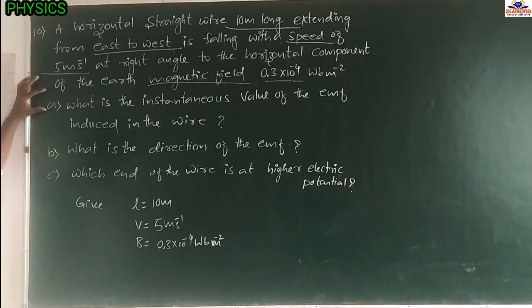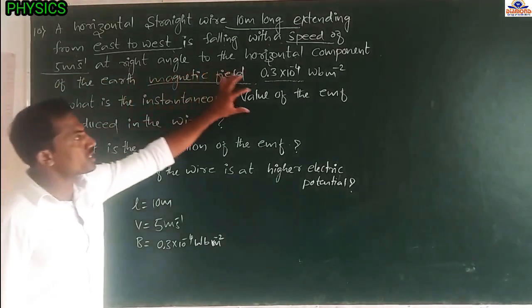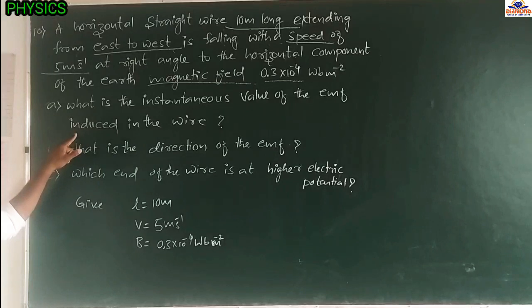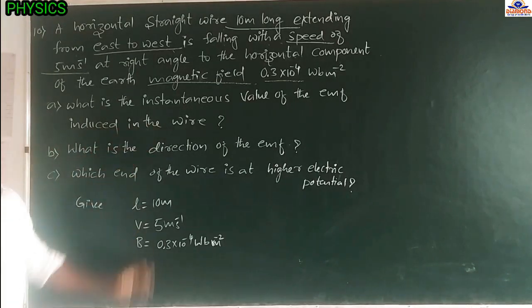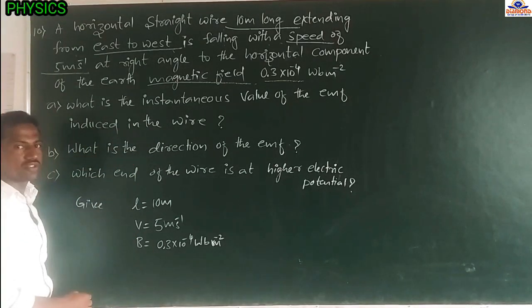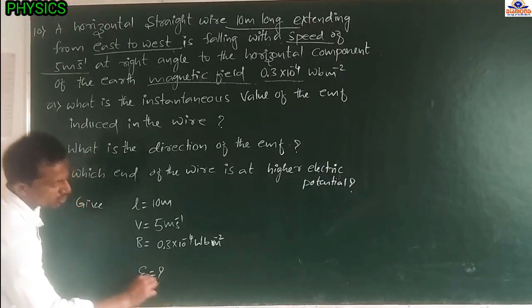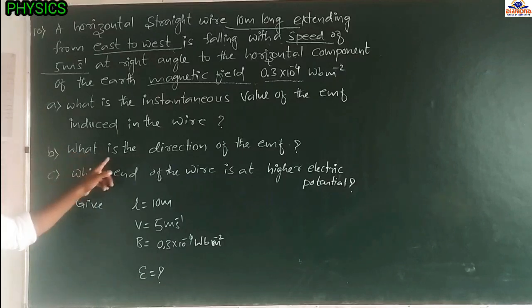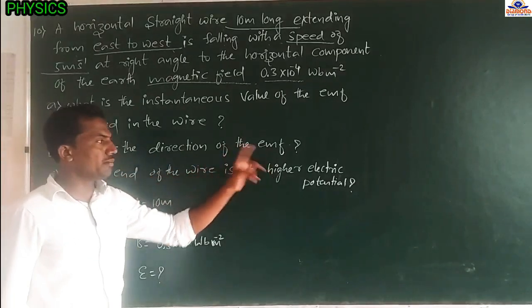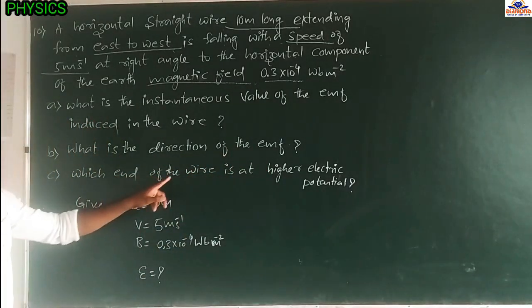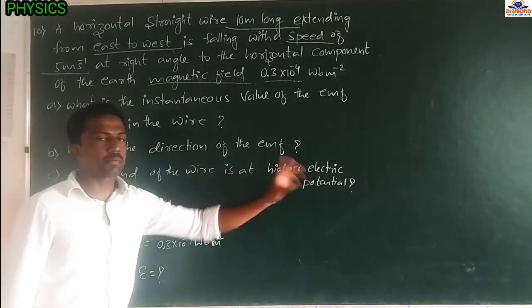In the first question, what is the instantaneous value of the EMF induced in the wire, or motional EMF? We write E equals question mark. What is the direction of the EMF, and which end of the wire is at higher potential?